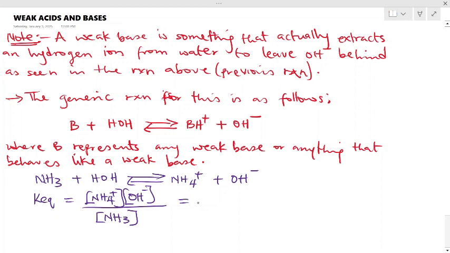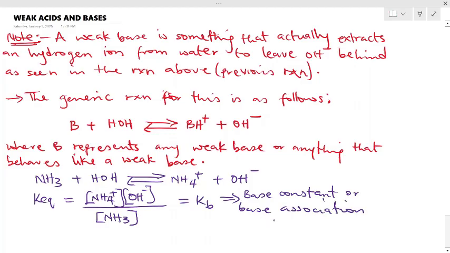And that, instead of giving you the acid dissociation constant, gives you Kb, which implies the base constant or base association constant. Great. So that's the equilibrium reaction for this.